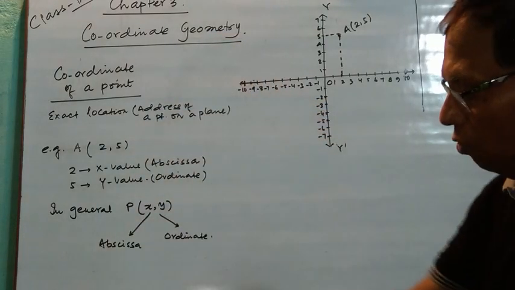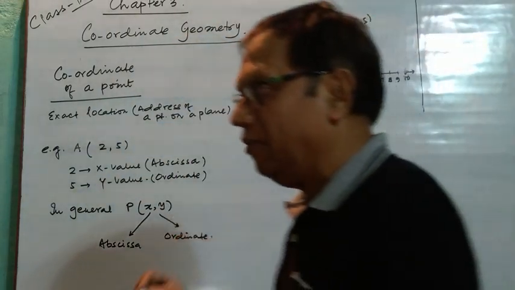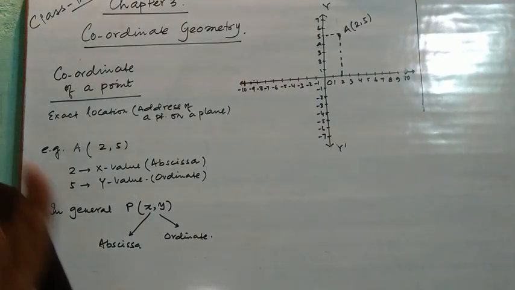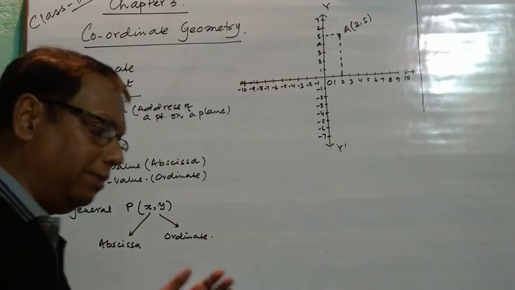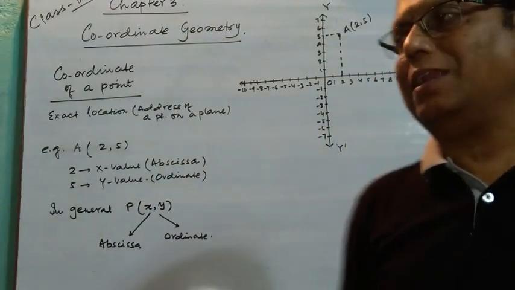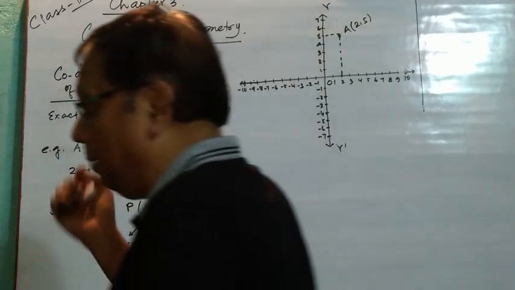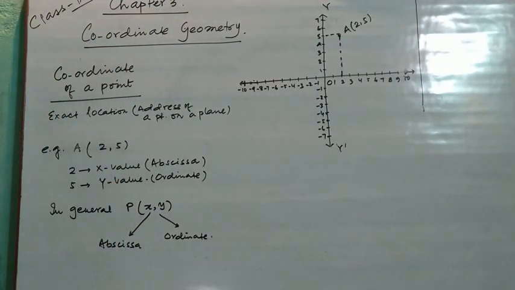See, this is a board, and this board consists of infinite number of points. The similarity among all the points is that they belong to the same plane, or they are coplanar, and at the same time each and every point has got its own identity.